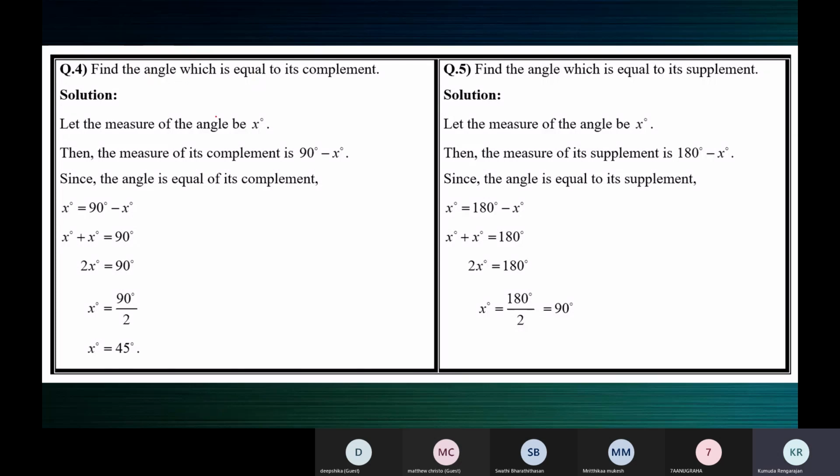We don't know the angle, so let the angle be x degrees. Let me say 4 and 5 simultaneously. Since we don't know the angle in 4, we'll call it x. In 5 also, we don't know the angle, so let's call it x.